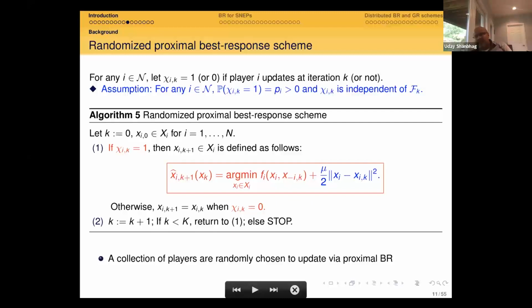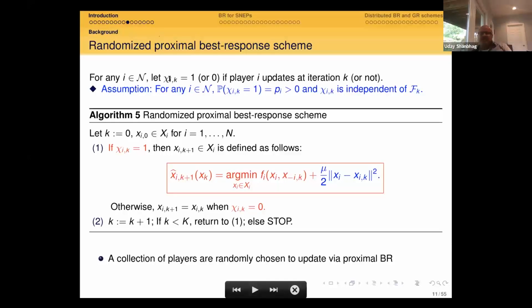One particular concern is the way players actually make decisions. Motivated, for instance, by problems in control or optimization, we consider what is called the randomized proximal best response. In the synchronous scheme, at every epoch k, every player makes an update.